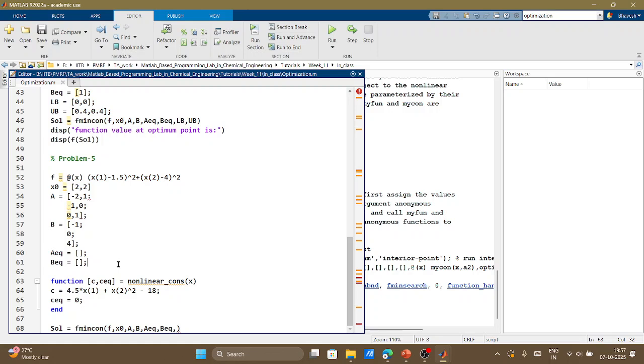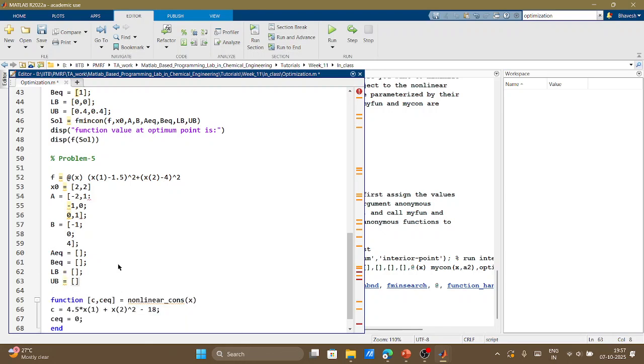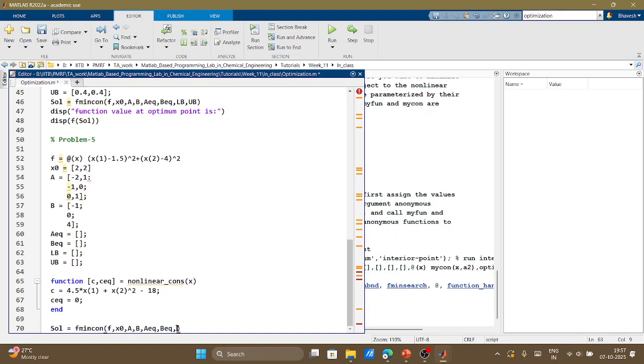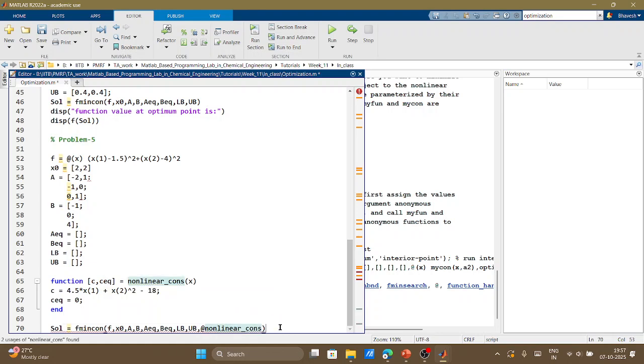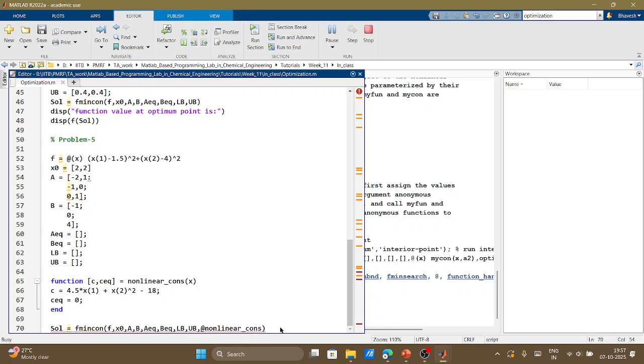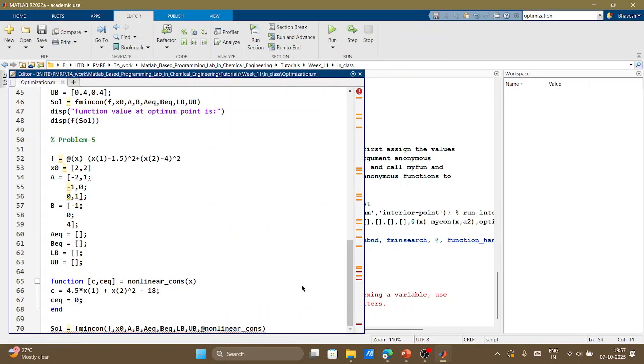Let's say LB is equal to blank, UB is equal to blank. So this is LB, this is UB, and now my function, which is the non-linear constraint part. Okay, let's see how it works. Invalid expression, line 51, column 11. Oh yeah, here. Okay, now let's see.